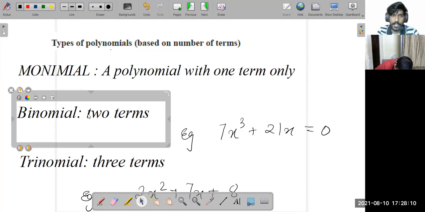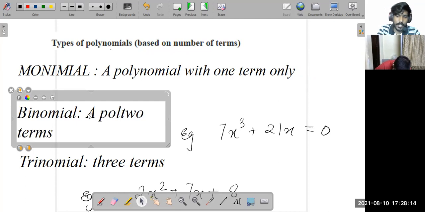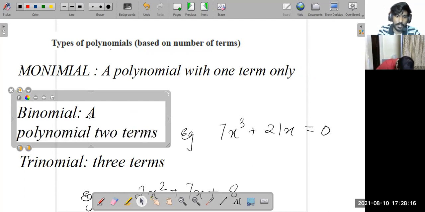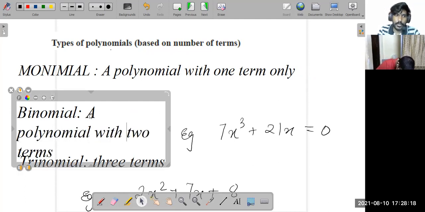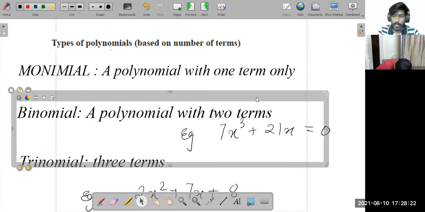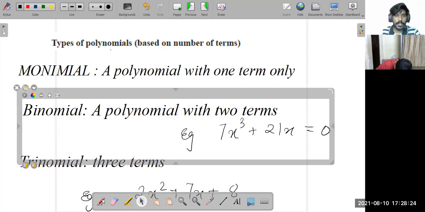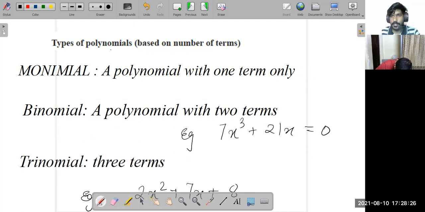Then second, write binomial, a polynomial with two terms. Wait. Under monomial, also write an example: 7, 2x.